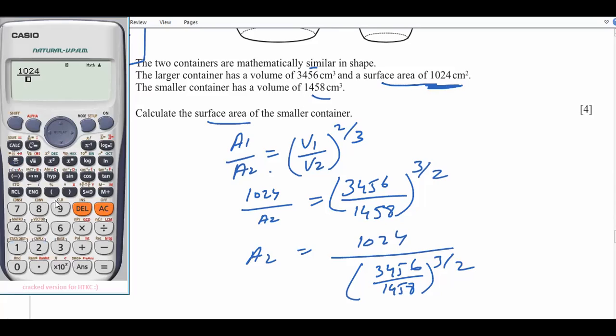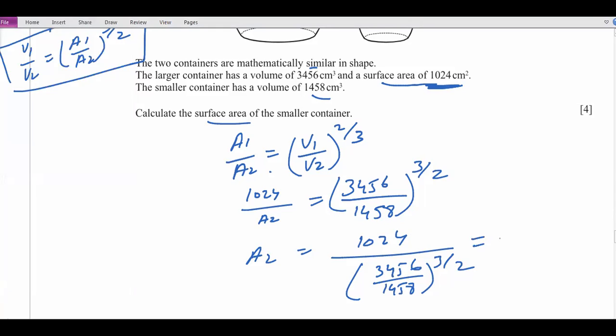1024 over bracket, then this fraction, 3456 divided by 1458, and the power 3 over 2. Oh, sorry. Okay, you can calculate easily. Whatever value you get, just write here.